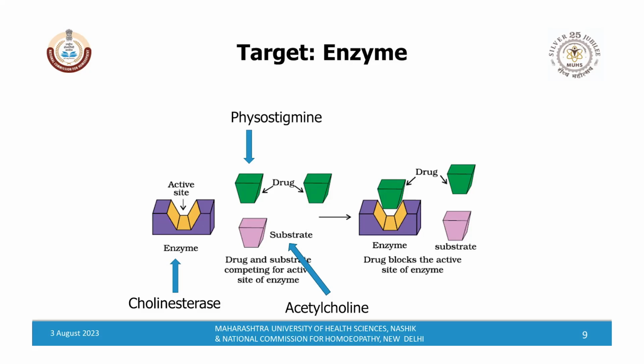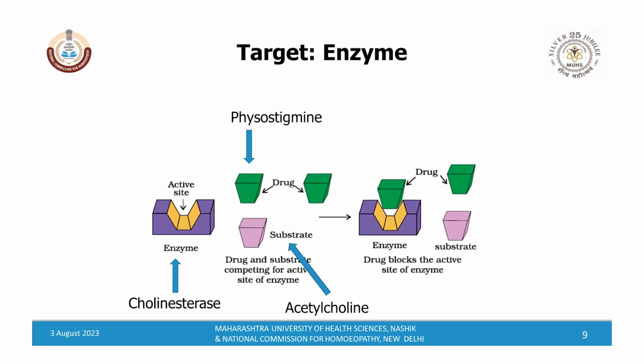Now there is a drug called physostigmine. This physostigmine has the ability to bind to the active site of the enzyme cholinesterase, and thereby it blocks the binding of acetylcholine to this site.